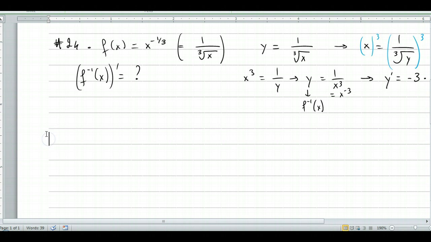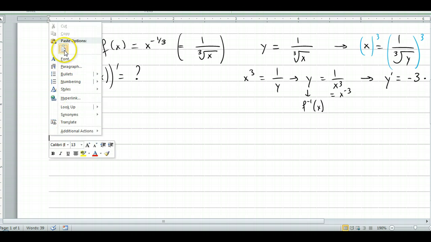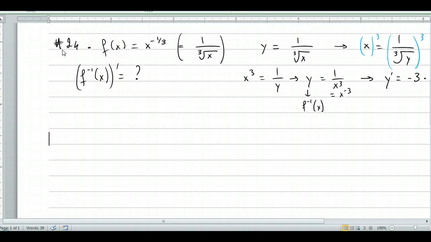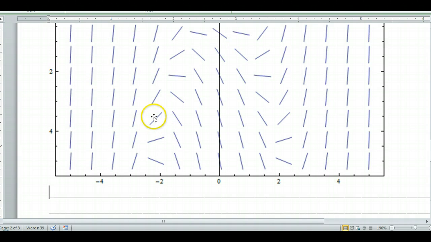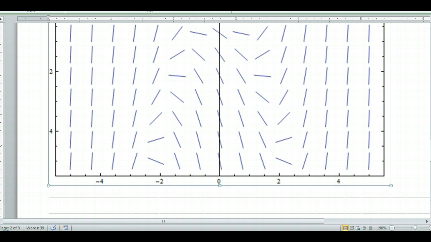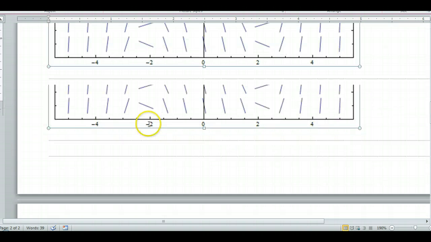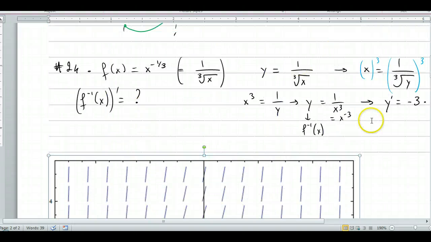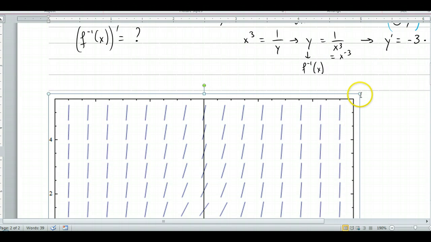Okay, here we go. Paste. Okay, that's too big. I could have prepared that, but I wasn't sure where it would go on the page. Where am I? Right here. Let me make it smaller.